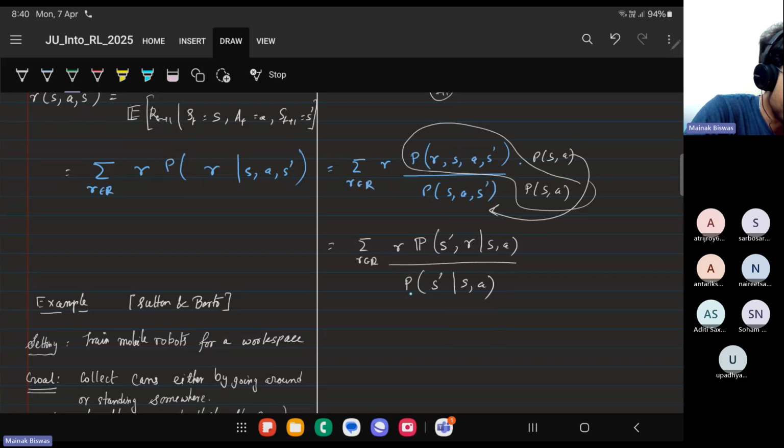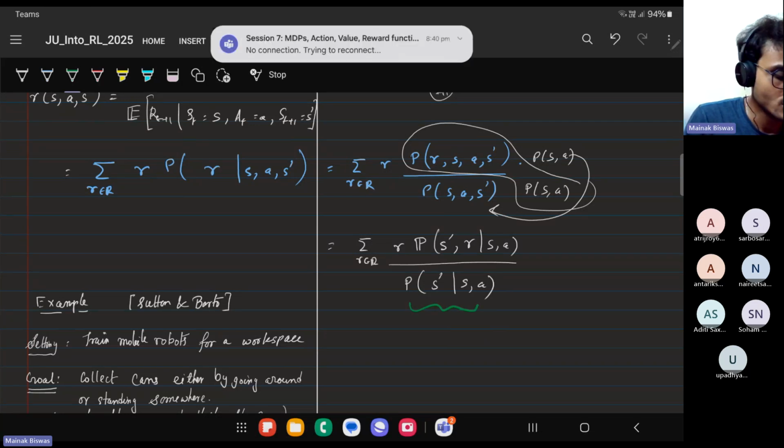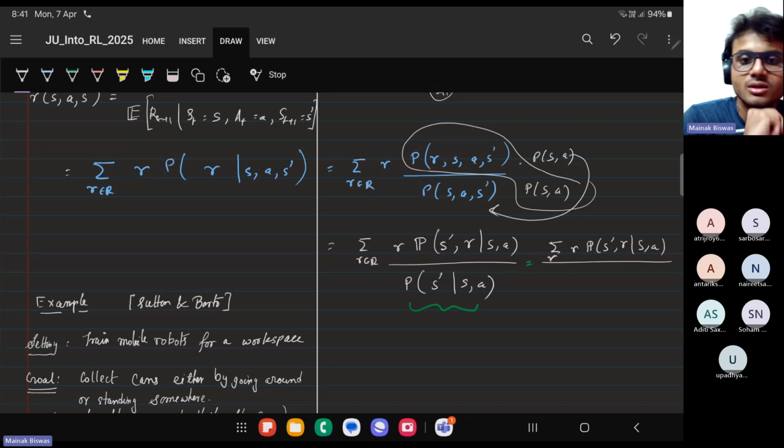Good. But still, in the denominator, I don't have access to this function. What do I have to do? How can I write the denominator in terms of the single probability distribution given to me? What will I sum over?